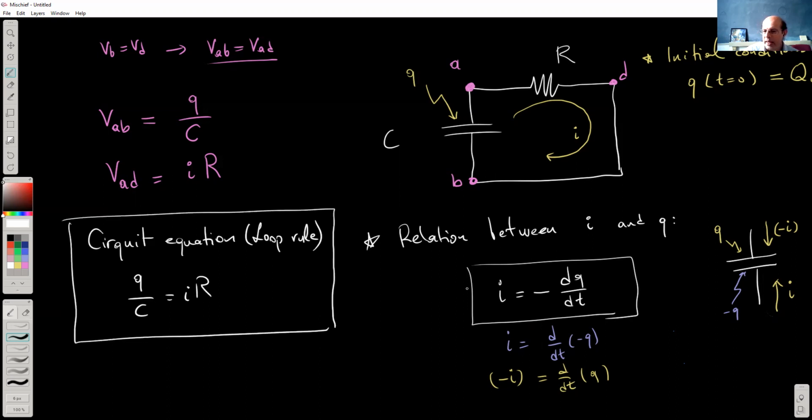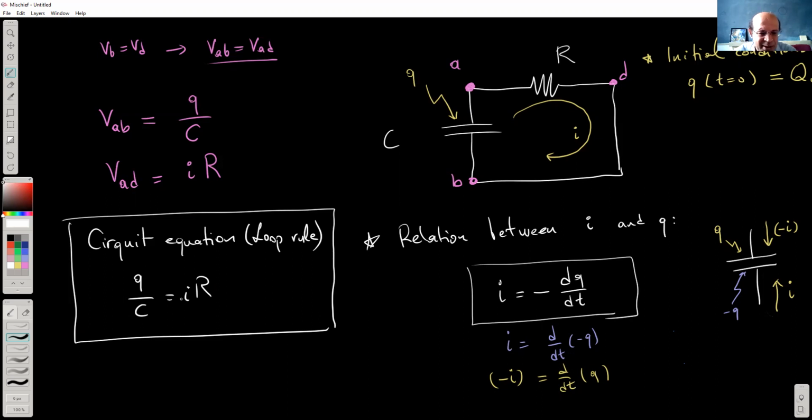Okay. Again, two key relationships. One is the relationship between the current and the charge variables. And the other one is the loop rule. This is the equation that gives us how the current changes with time. So probably calling it physical is not a good idea, since everything is physical, obviously.